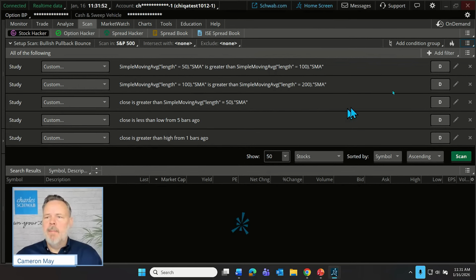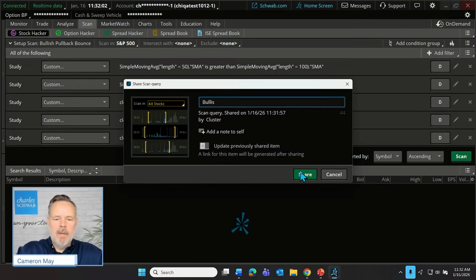There we go. Let me share that, and I will pop that into chat. And just remember that shared links, shared scans are not guaranteed as to timing or accuracy.